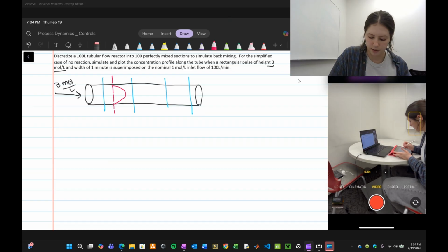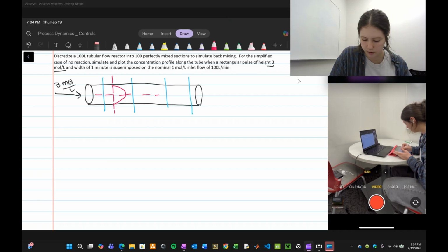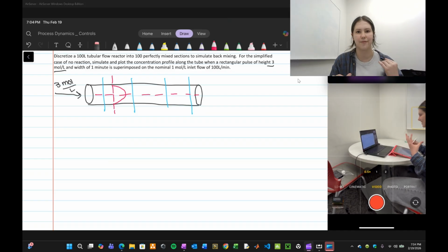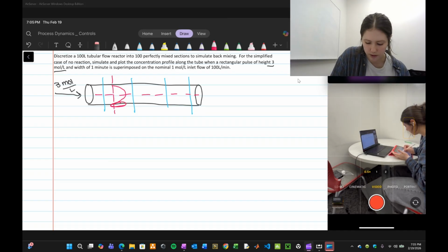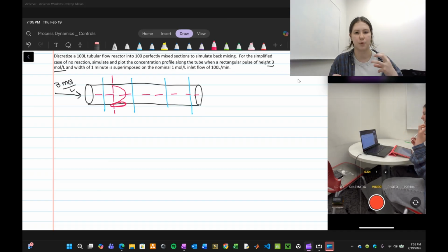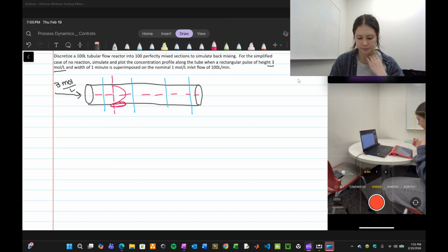And the liquid in the center of this tube, the closer it is to the center, the less of that friction it's going to feel, so the less slowly it's going to be moving due to that. So not all of our liquid in the tube is moving at the same rate this whole time. The slower liquid against the walls over here is going to be mixing with the previous section of the tube. That is how this back mixing is occurring.